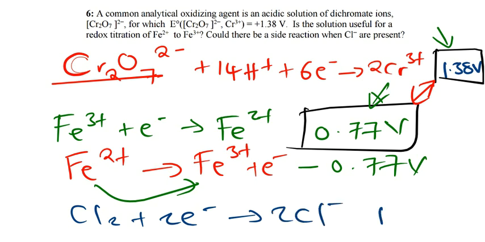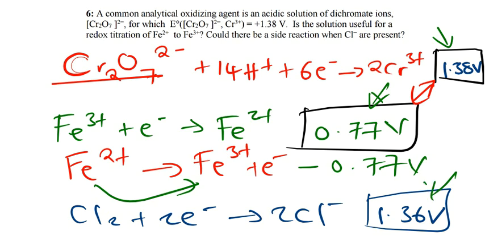which is also 1.36 volts. You notice that the reduction potential for chloride is very close to the one for the dichromate ions. So apparently the dichromate could actually also oxidize the chloride ions because their value is slightly lower. So that would be the effect there.